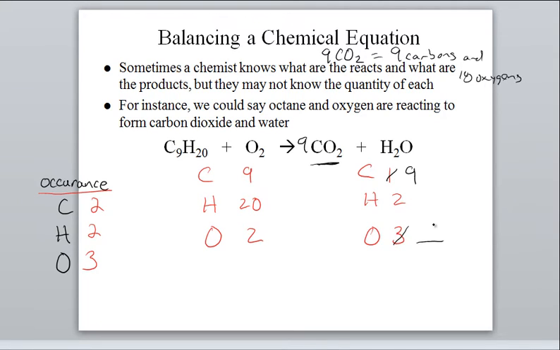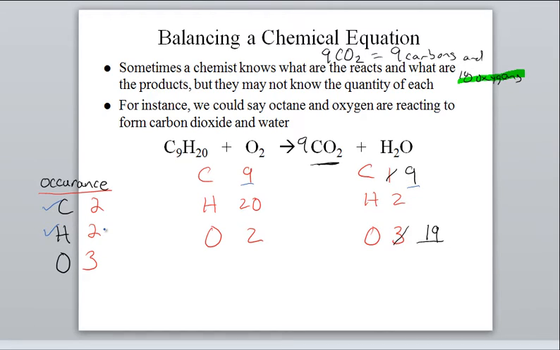We made a change. If you weren't careful and you just added 18 to 3, you'd get the wrong answer. So when we look at it, there's 18 oxygens from 9 carbon dioxides, and there's still that 1 that's in 1 water molecule. So our answer would be 19. Okay, so now carbon looks good. It could change, you never know, but there's 9 carbon atoms on both sides.